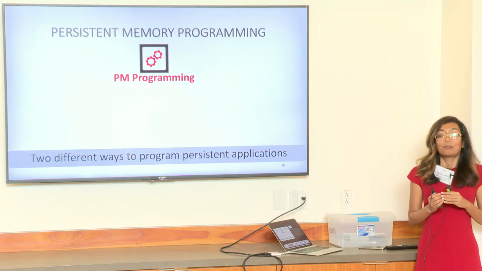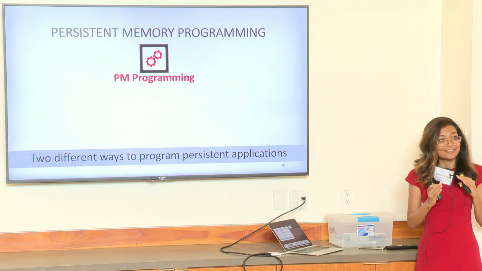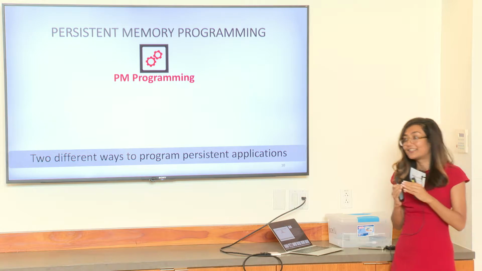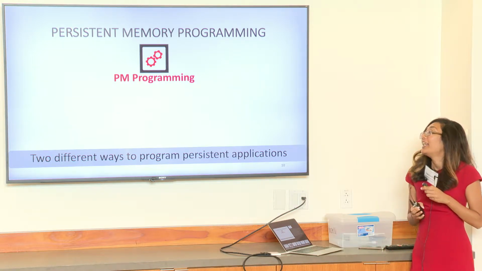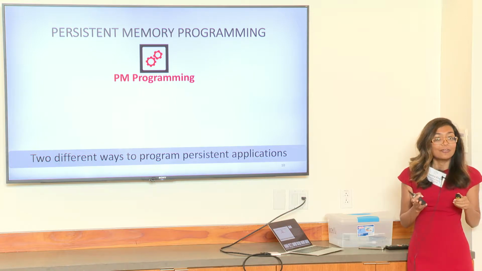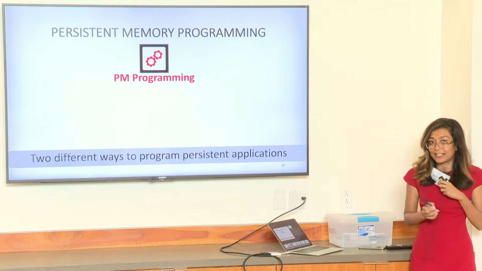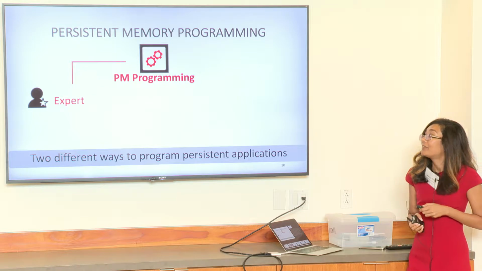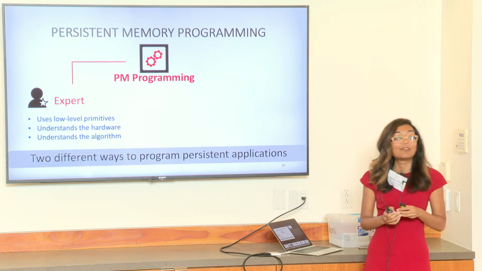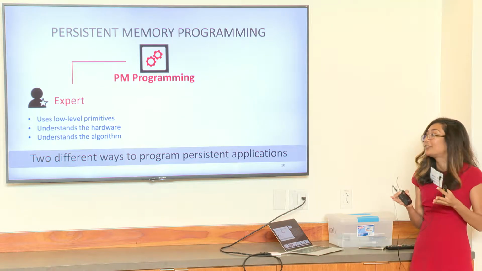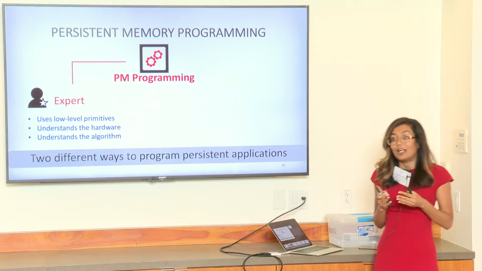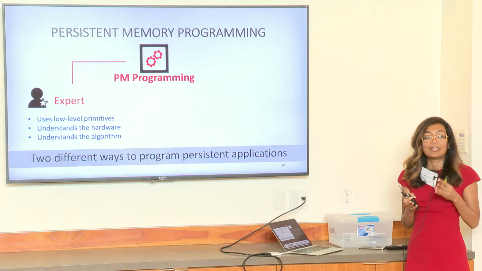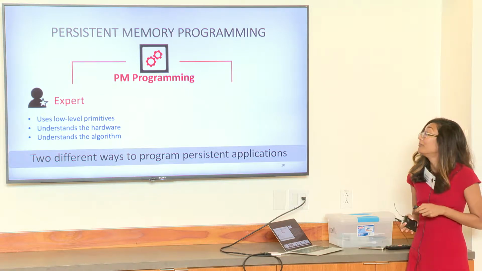Now the programmers are supposed to provide crash consistency with these guarantees while they're actually writing their code. And there are two different ways that we can do it. One is for expert programmers, who will use flushes and barriers to write their code, but they need detailed knowledge of both the hardware and their algorithm.